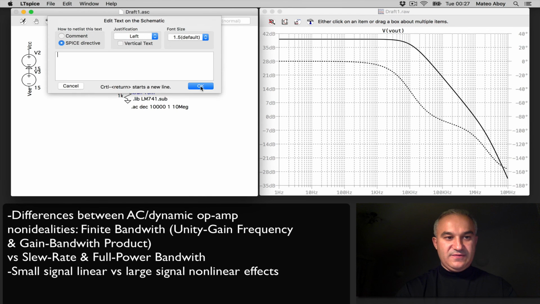So Spice directive, we're going to do .step param RF. I'm going to do from 1K, gain of 2, to 90K, increments of 9K.